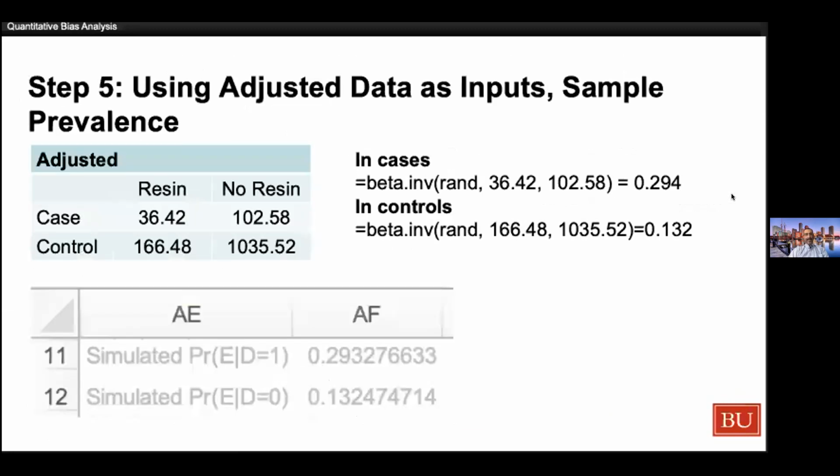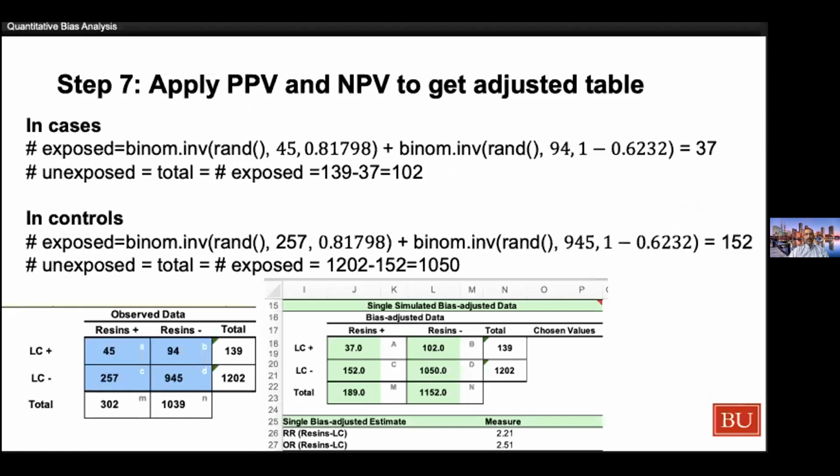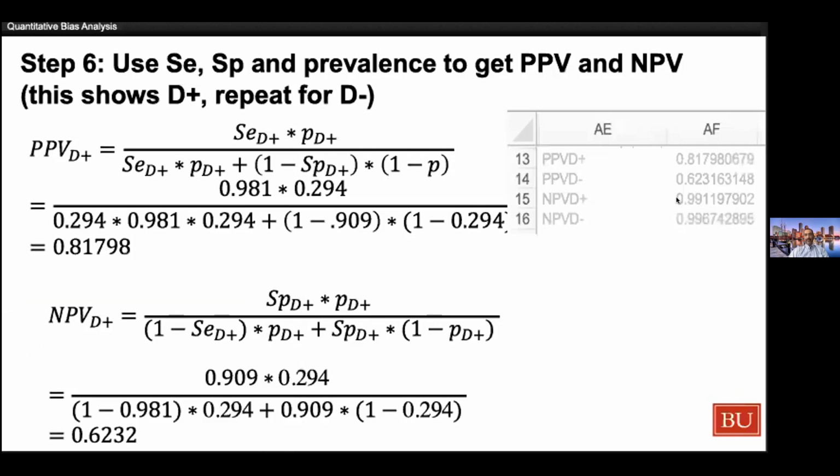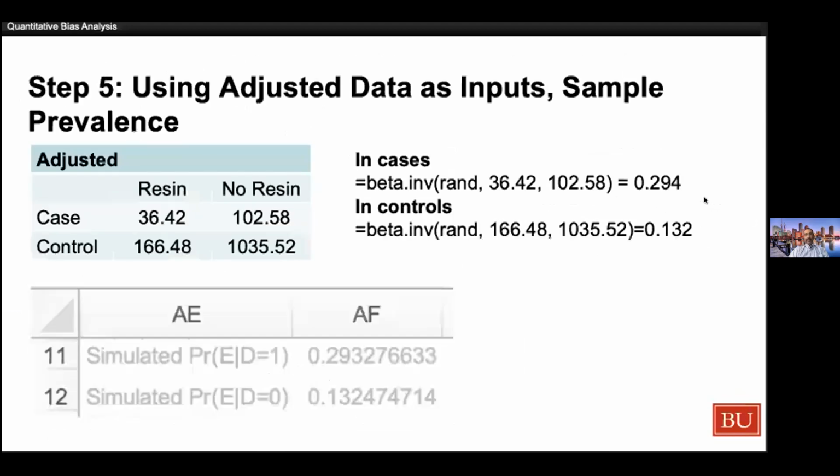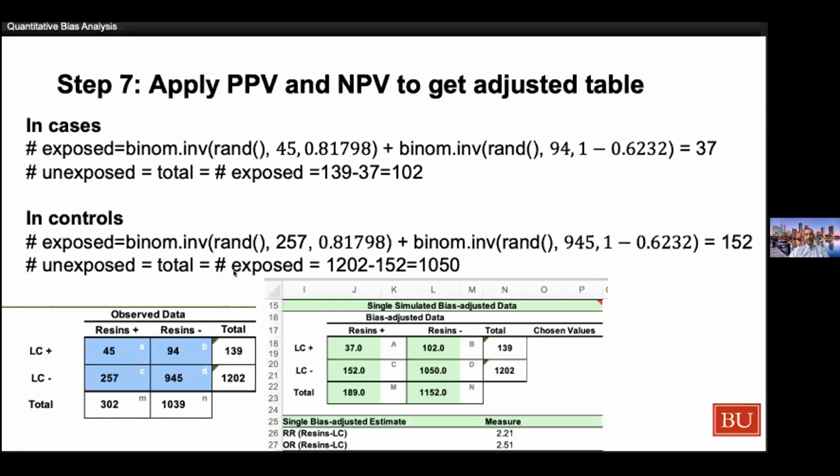Sorry, I did that wrong actually. That number 0.6232 is wrong. It should be the negative predictive value, excuse me. So I have the wrong number written there because they are classified as unexposed.